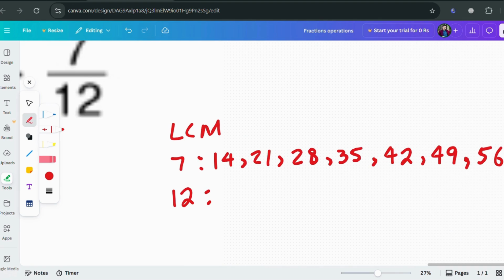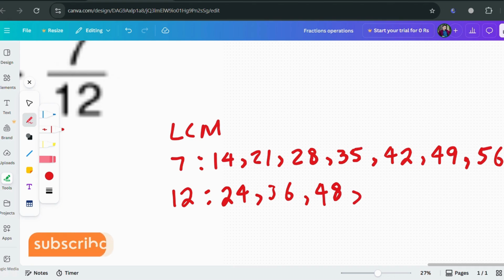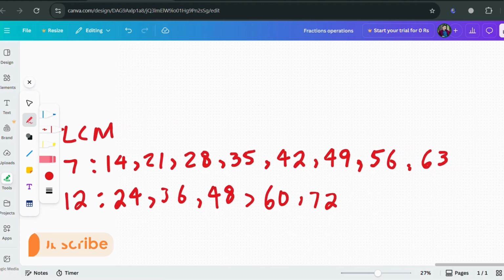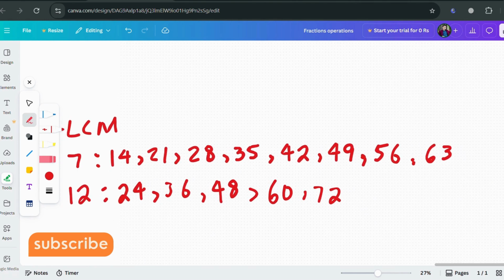I'm going to write down the multiples of 12 as well, one by one, and let's see if I get the same number or not. 12 times 2 is already 24, and then I get 36, and 12 times 4 is equivalent to 48. So far I haven't got the same number. 12 times 5 is 60, 12 times 6 is 72. We will keep on going until we find the common number.